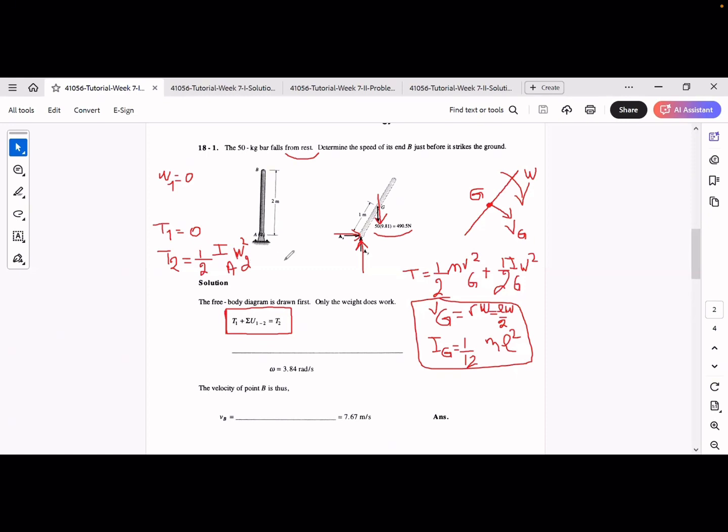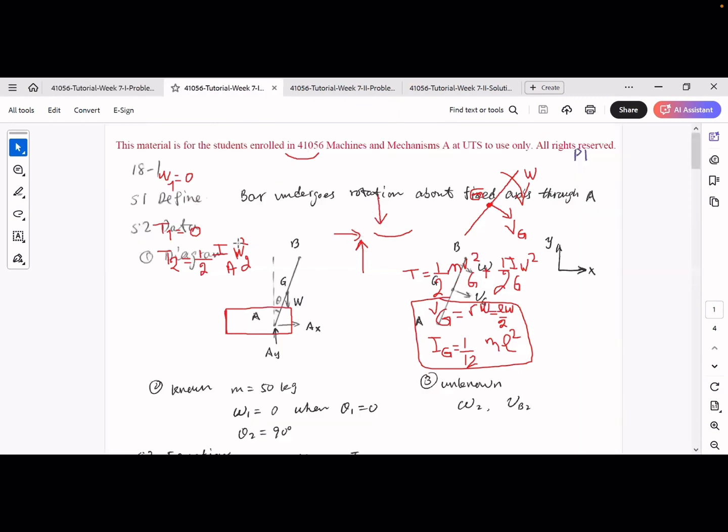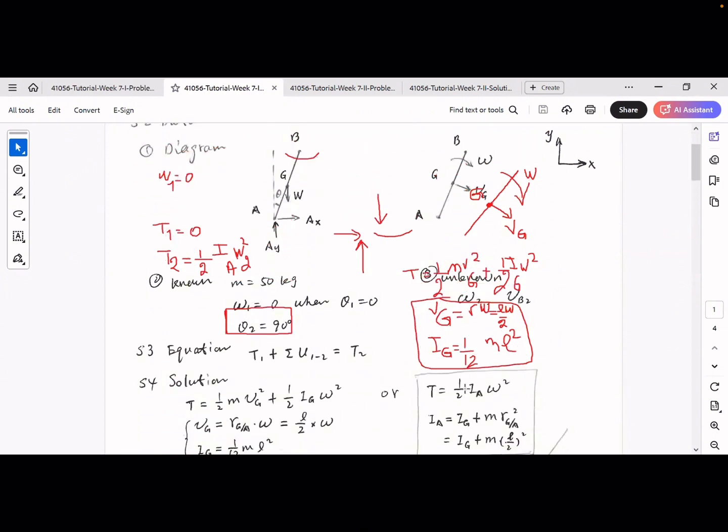We are going to prove it soon, and I'm going to show you the demonstration by looking quickly at this bit. T is half of IA omega squared, where IA is IG plus m times r squared.